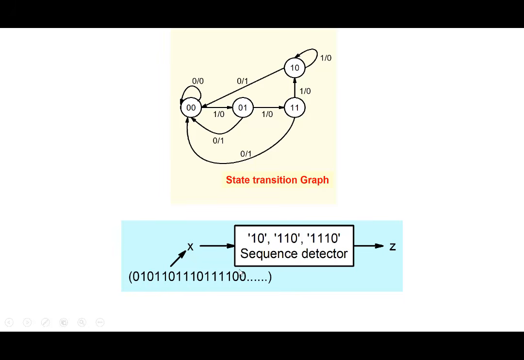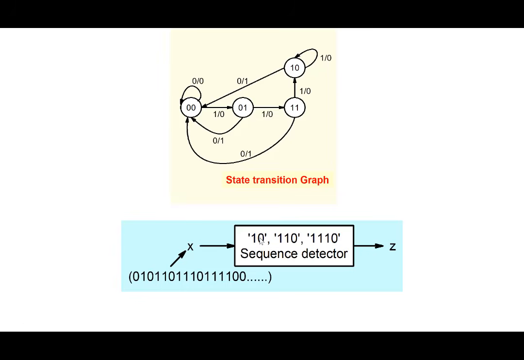Look at this state transition graph and convince yourself that the system is generating an output Z equal to 1 every time it sees a sequence like 1, 0, or 1, 1, 0, or 1, 1, 1, 0. So when a particular sequence of numbers is coming, it generates an output Z equal to 1, detecting that particular pattern in the input bit stream.